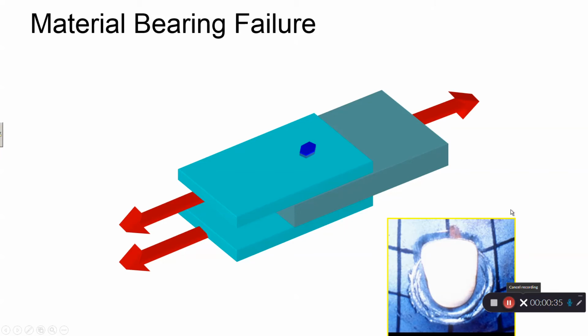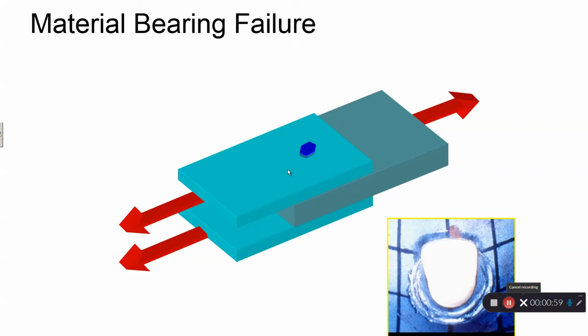First, let's talk about the bearing failure. Think about a connection like this, where the load is applied on the plates. The hole is slightly larger than the fastener, and the fastener is assumed to be placed loosely in the hole.